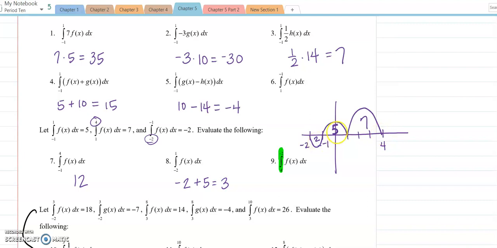So we have -2 plus 5 is 3 plus 7 is 10. But that is us reading our graph from left to right. But when the integration bounds are flipped and you read it the other direction, your area is turned opposite. So your final answer here should be -10.